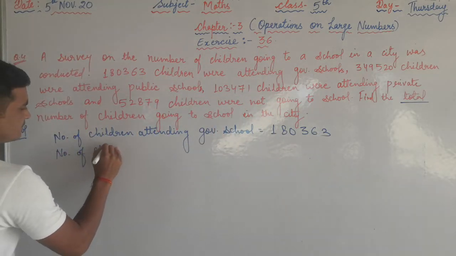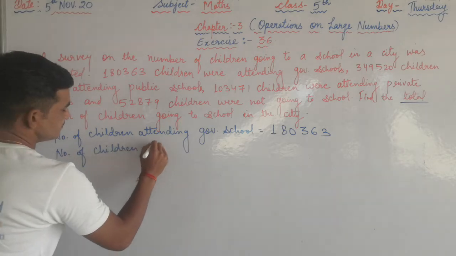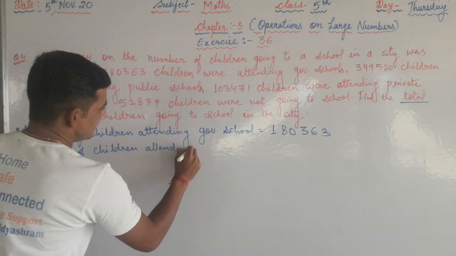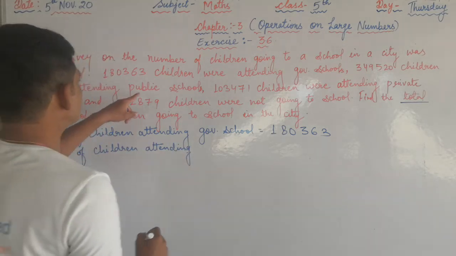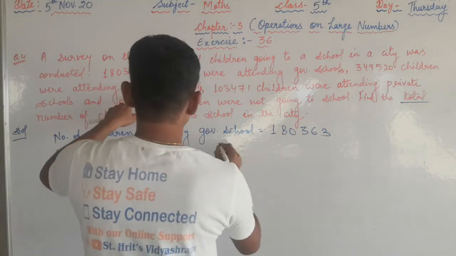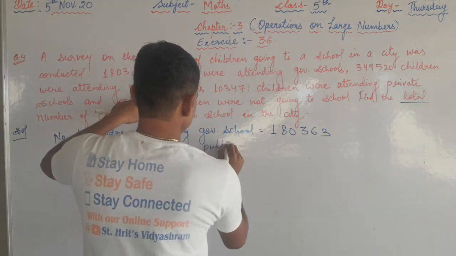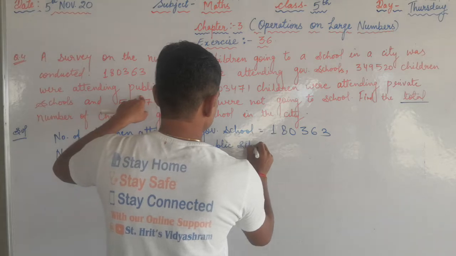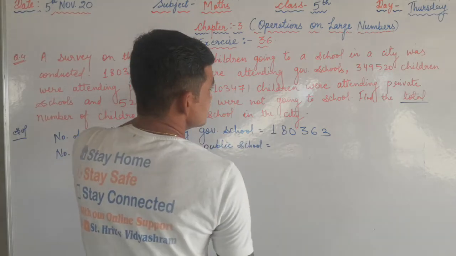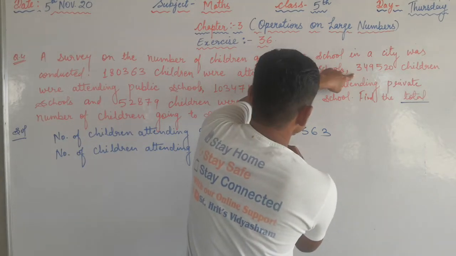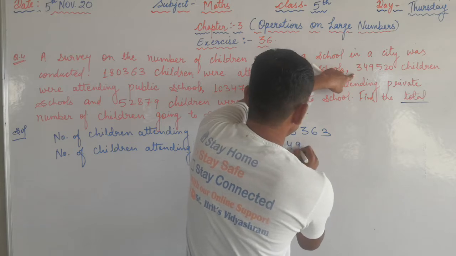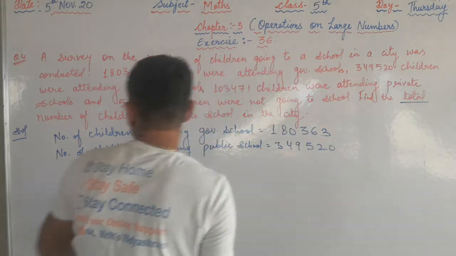Number of children attending public school: three lakh 49,520.